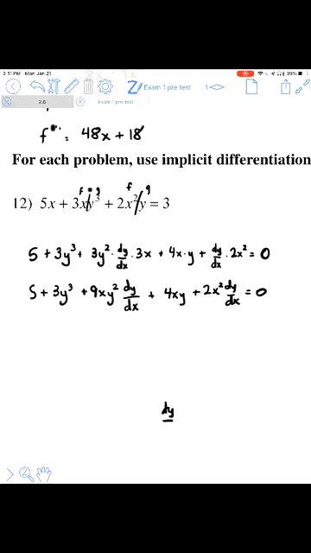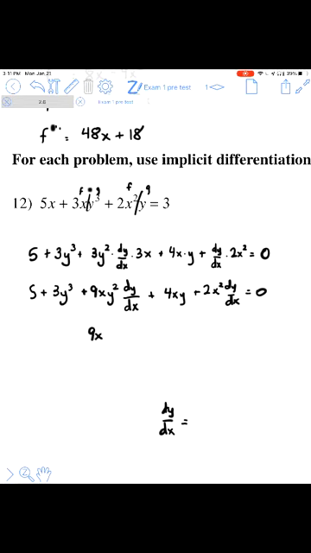But what that means is I need a single dy dx. Right now I've got a couple of them over here. So what has to happen now is any term that has a dy dx is going to stay on the left side of the equation. Any term that does not, like this 4xy, the 3y cubed and the 5, none of these have dy dx's, so I'm going to move those to the other side of the equation by subtracting.